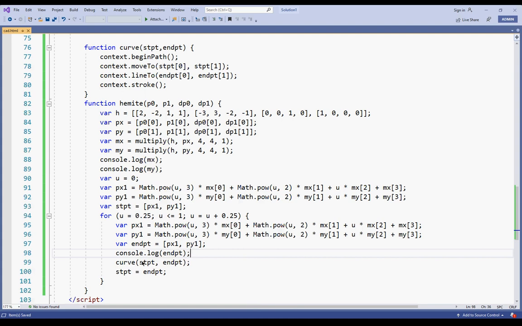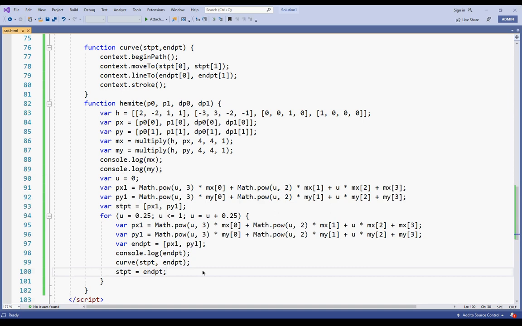I'm using a curve: start point 0, start point 1, and then line to end point 0 and end point 1. So this line is correct, and u is also correct. So end point is equal to px1, py1, and then start point is equal to end point.